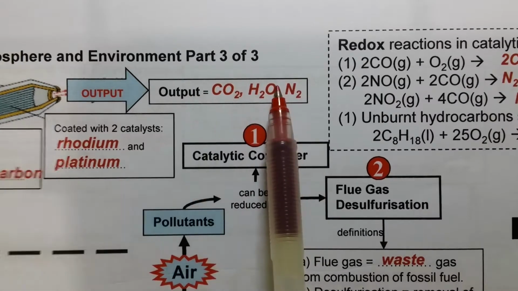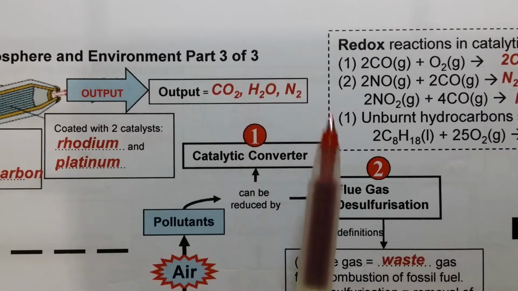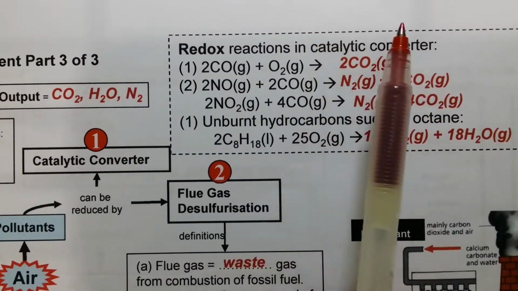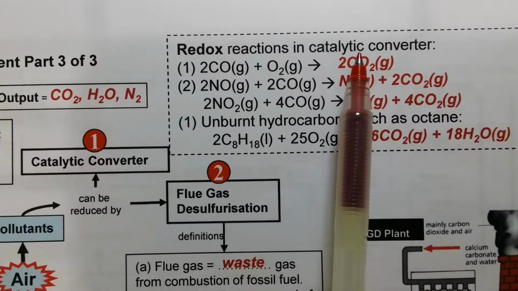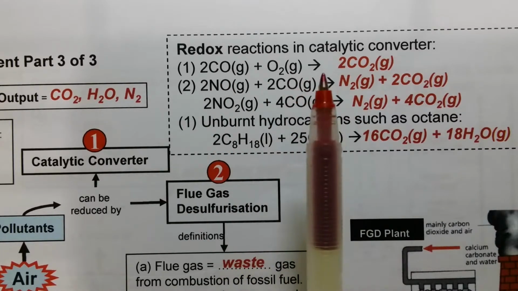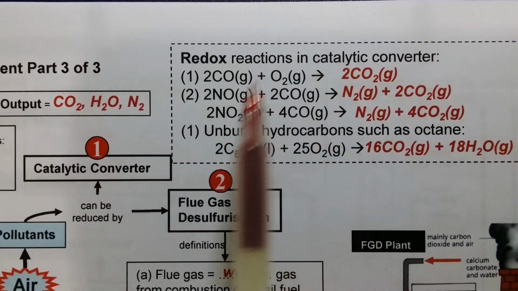All these three are not air pollutants. Now, these are the reactions that take place in the catalytic converter, and all of them are redox reactions, which means that oxidation and reduction take place in the same chemical reaction.